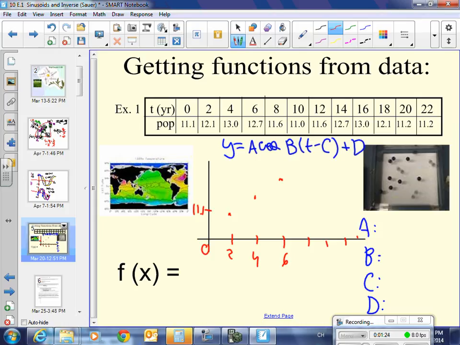Then what does it do? Then it starts coming down to 11.6, and it comes to 11. Then it goes to 11.6 again, 12.7, and 13.